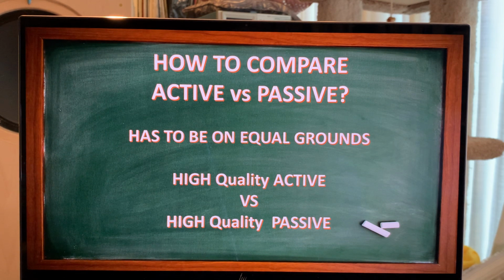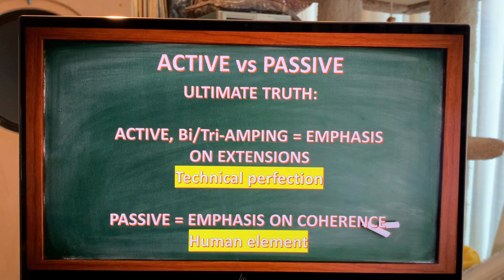Of course, it's a no-brainer situation, and that happens with any kind of technology. If you take a fine specimen and compare it to trash, there's an absolute winner. However, when you compare the best examples of both worlds, then the tables are very different, and this is the ultimate truth about active and passive crossovers.